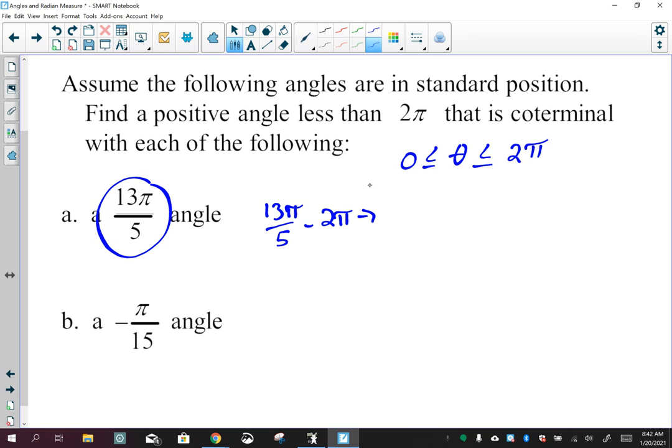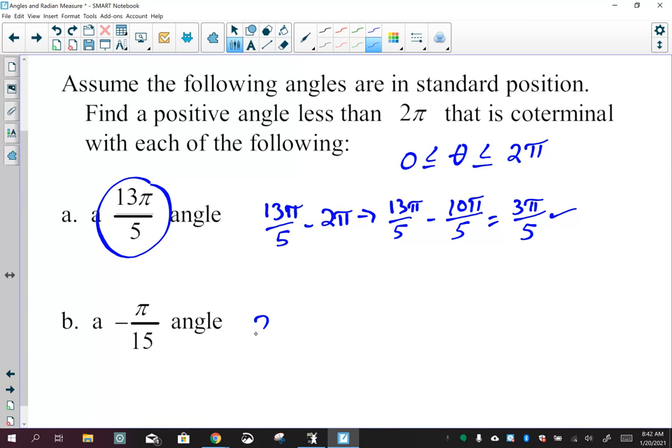Well, when I subtract the 2 pi, I need to get a common denominator, so that's going to be 10 pi over 5. And then I'm going to subtract this. And when I do that, I get 3 pi over 5. That does fall within my range, so therefore that's good to go.